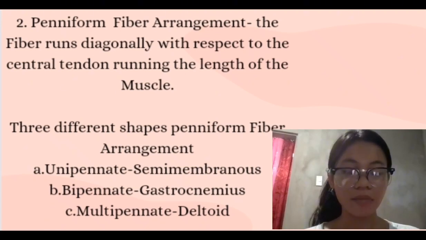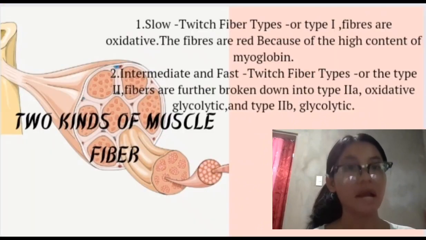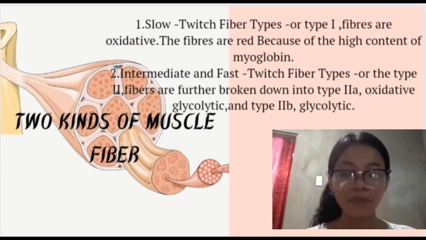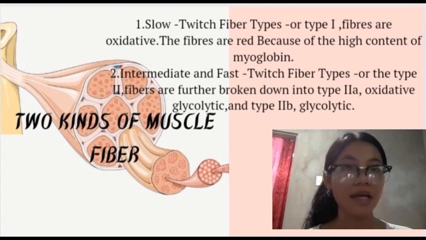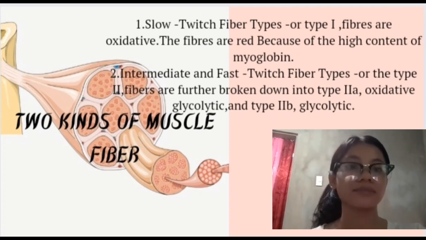Third is the multipennate. Also, we have 2 kinds of muscle fiber, the slow and the intermediate or fast. The slow or fatigue resistant are focused on sustaining smaller movements and postural control. The intermediate and fast are fast twitch muscle fibers which can be converted via endurance training.